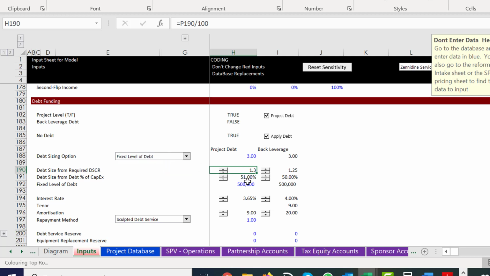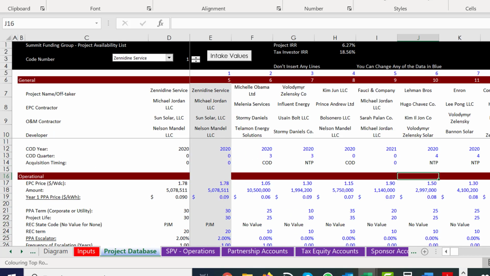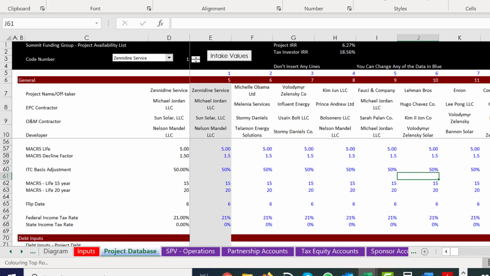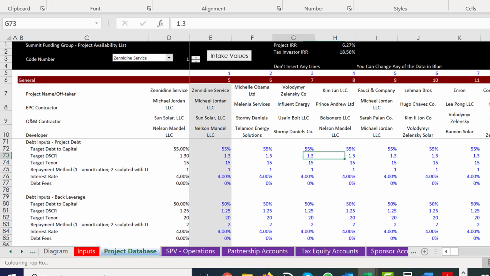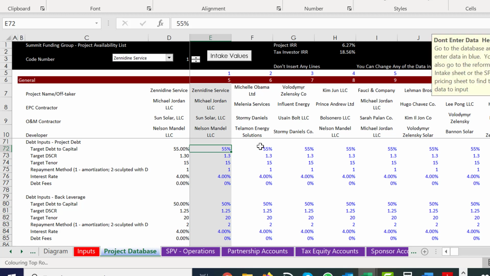Or if you want to put a fixed amount in, you can do that too. Okay, and all of these have little spinner boxes, and all of these inputs, you can put in by project. And remember what I said, which I think is pretty important, you could set this up as just a bunch of scenarios.